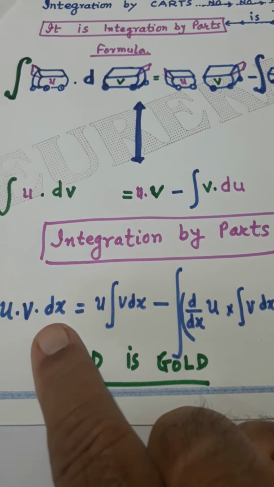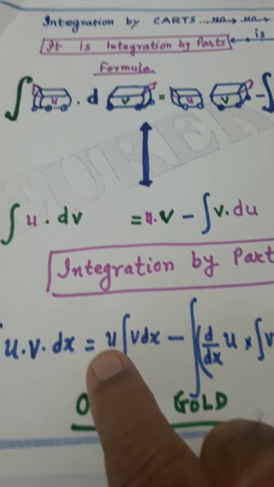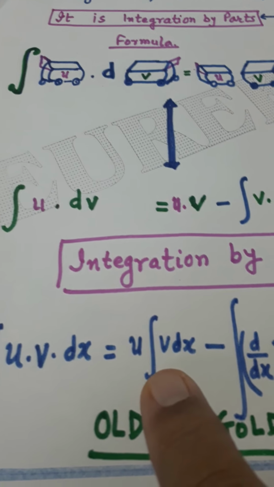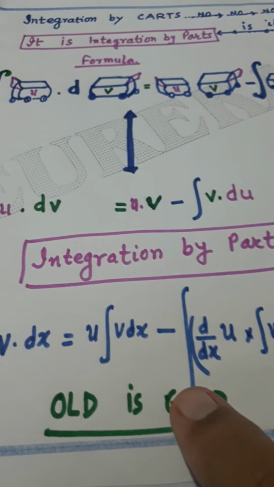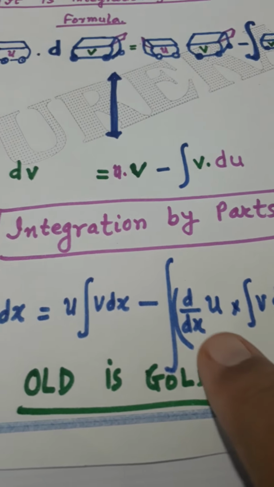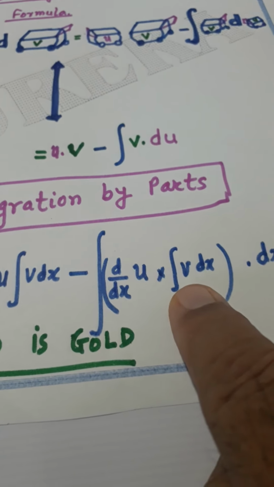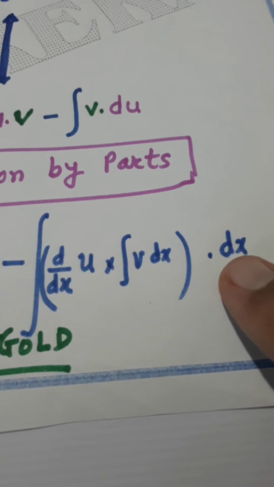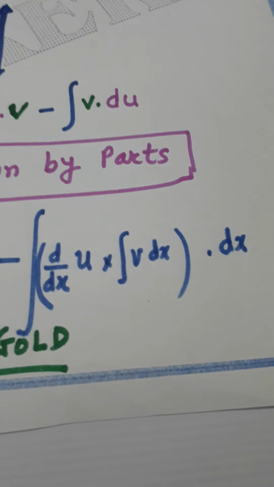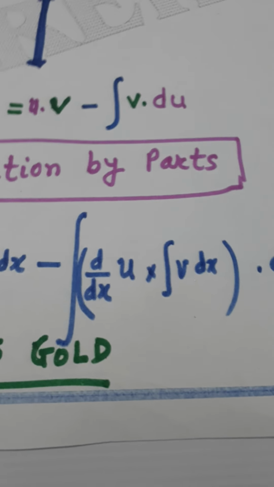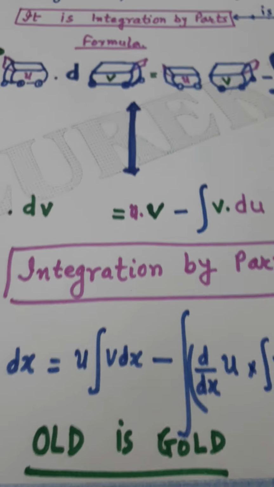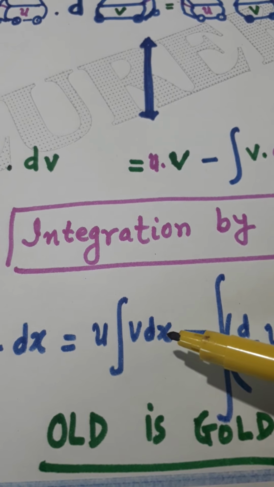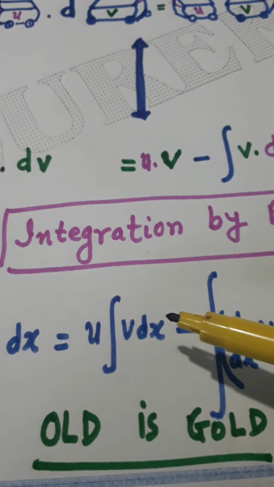After having decided that, you have to write u integration of v dx minus the bigger integration sign, derivative of u integration of v. They have to be multiplied and put in brackets, and write dx. Now you see the integration symbol always ends with dx.